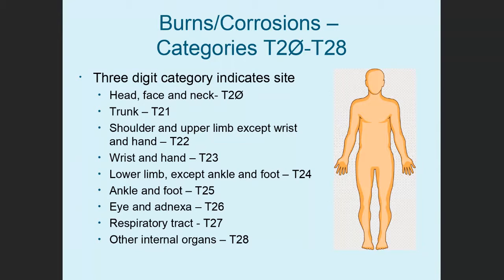Now the trunk, T21, includes specific codes for the chest wall, genital organs, back, and buttocks. So all of the areas in there are included in the T21 category.